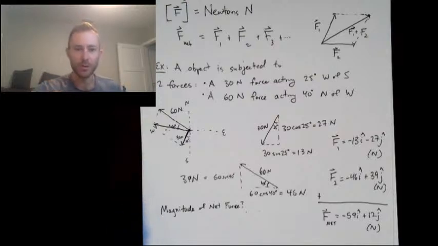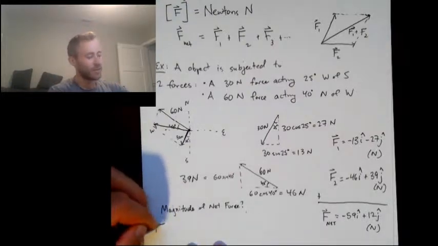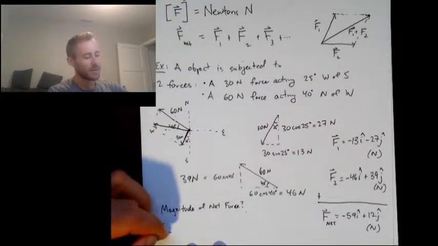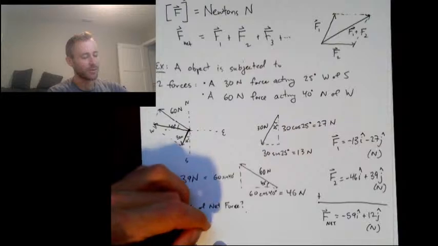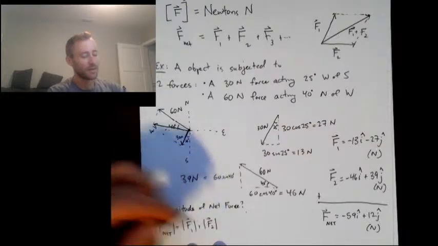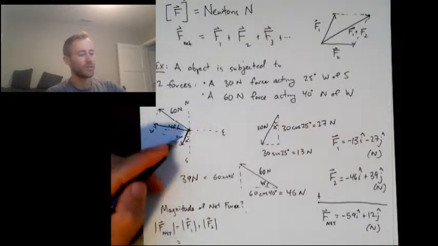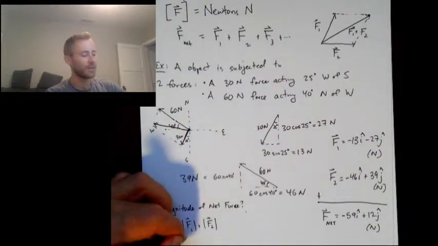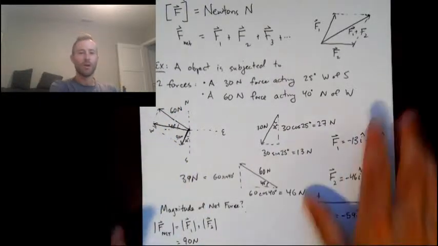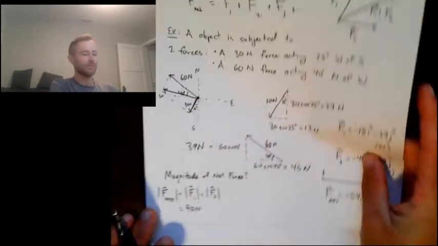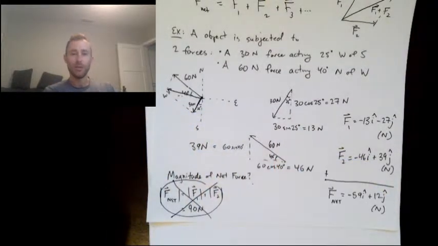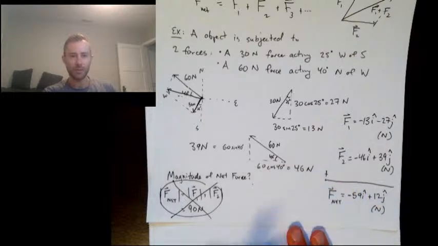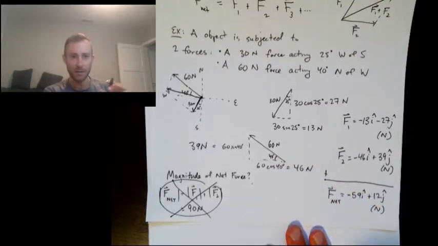A lot of you would have said that the magnitude of the net force is equal to the magnitude of force 1 plus the magnitude of force 2. So you would have said something like, oh, it would be 30 plus 60 equals 90 newtons. This is 100% incorrect. Don't do that. Okay? You need to find the net force vector first and then get the magnitude of that.